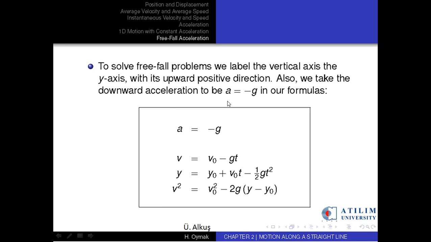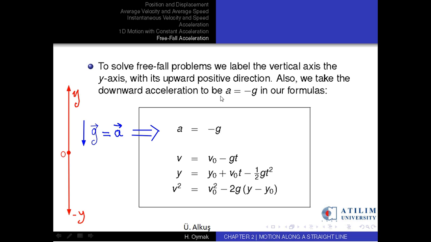Since the free fall acceleration is constant, all of the formulas for constant acceleration that we derived earlier apply also to free fall near the surface of the Earth. For this, we shall label the vertical axis the y-axis, with its upward positive direction. With this choice, we shall take the downward acceleration to be a equals minus g in our formulas.